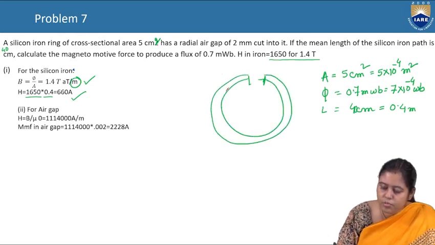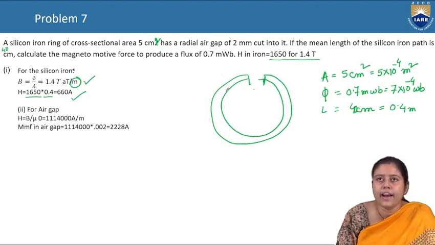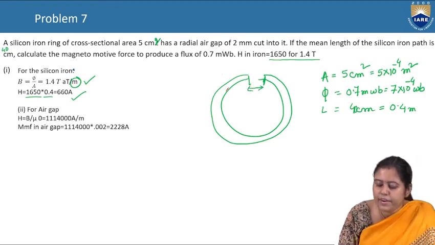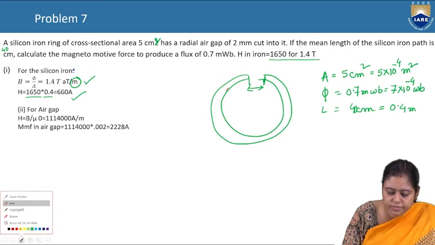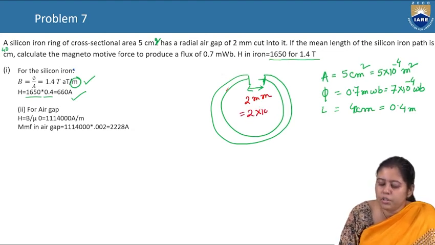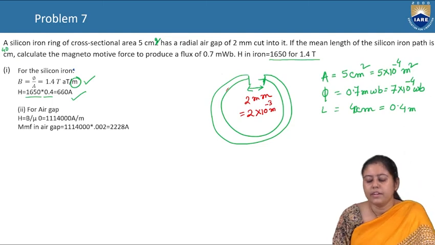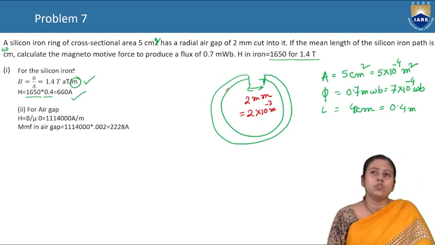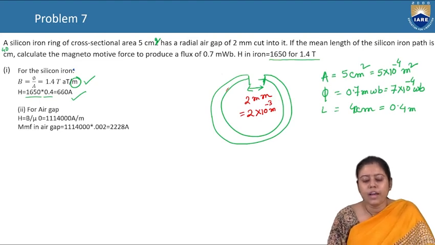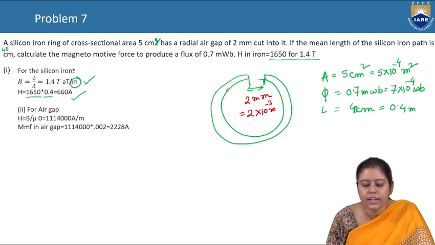The ring is looking like this, and this is air, and this radial gap is 2 millimeter. What is the radial gap? It is 2 into 10 to the power minus 3 meter. We have to calculate the total H, not per meter.